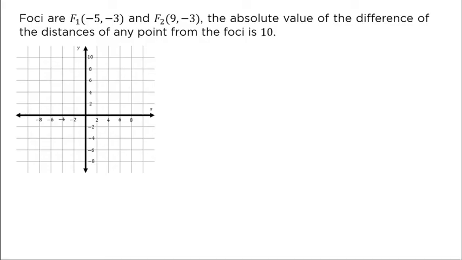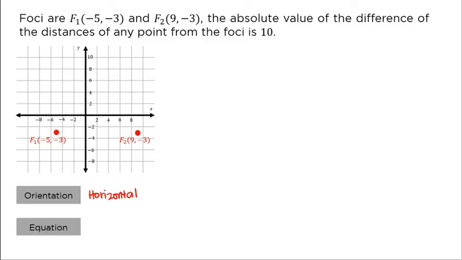F sub 1, which is negative 5, negative 3, is actually somewhere here. And F sub 2, 9, negative 3 is somewhere here. Therefore, we can actually now identify the orientation since the given points are horizontally aligned. The orientation of this hyperbola is horizontal. Okay?